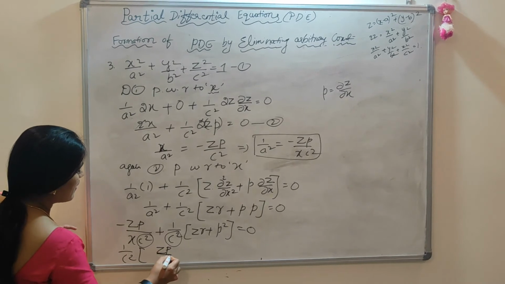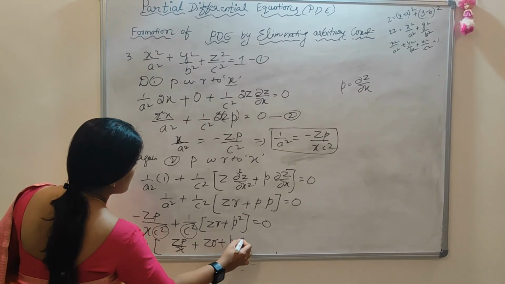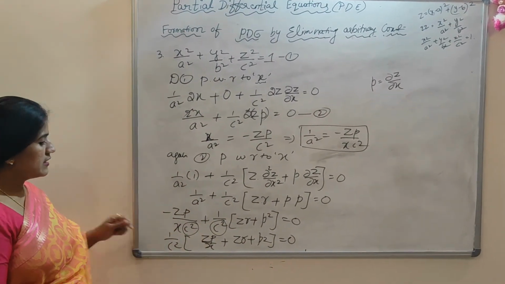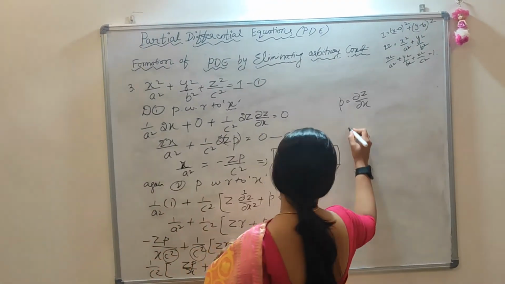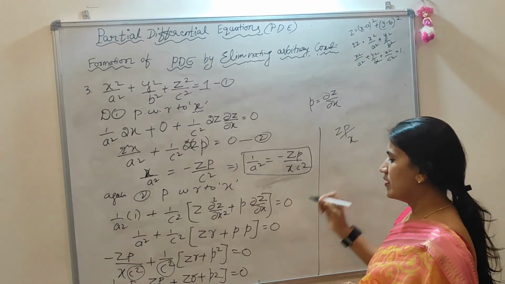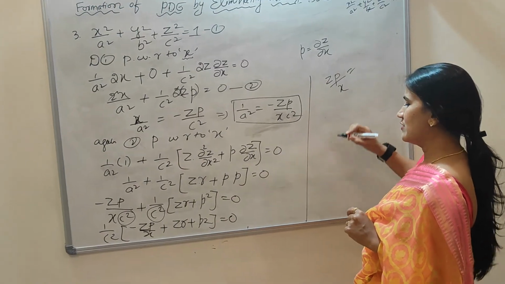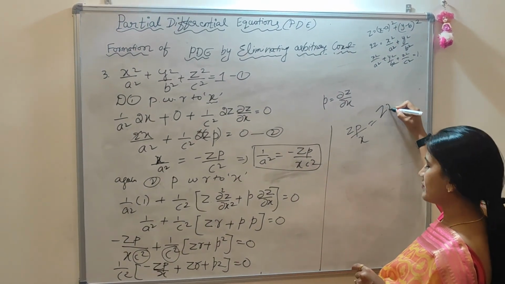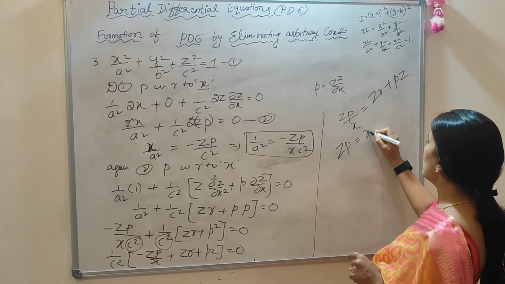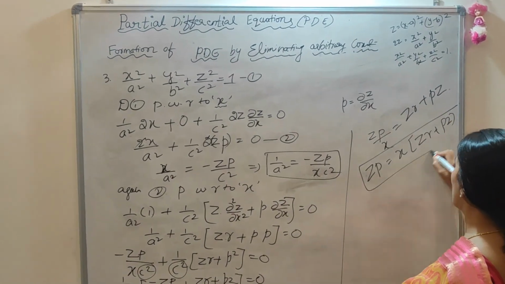So minus zp by x plus zr plus p square is equal to 0. 1 by c square is cross multiplied and c square gets terminated. Negative is here, so we can shift it to the right side. Zp by x is equal to zr plus p square, otherwise zp is equal to x of zr plus p square. This is the required solution.